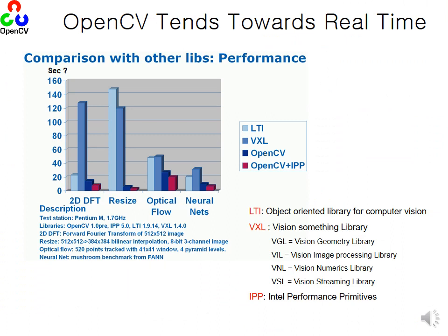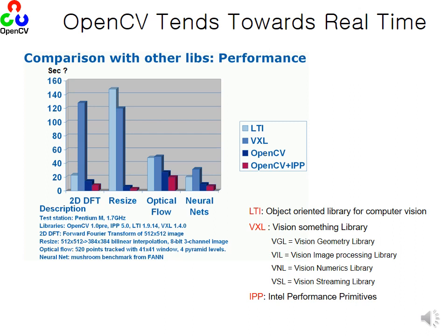OpenCV is fast enough for real-time application. Here is a graph comparing the performance of several computer vision libraries. The performance of computer vision libraries called LTI and VXL are compared with that of OpenCV and OpenCV plus IPP.